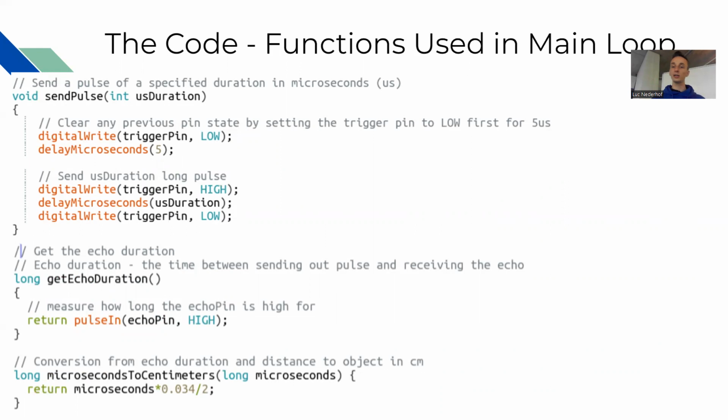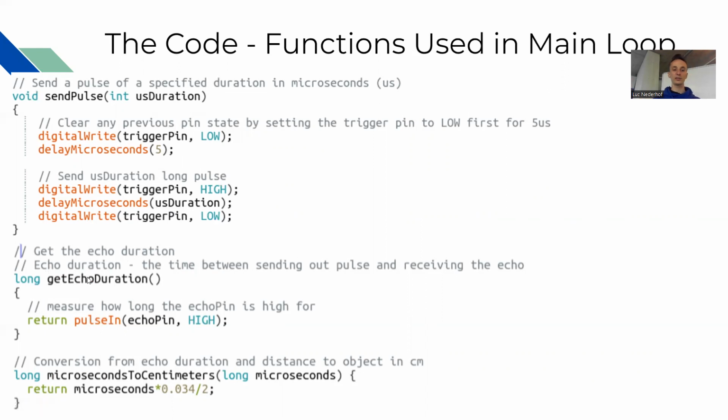So we clear any of the previous states, and then we send a microsecond duration long pulse. So we set it to high, and then this US duration variable is the specified duration in microseconds. We've been doing 10 because that's what the sensor expects. And then our digital write pin back to low. So we want to turn it on for 10 microseconds manually, and we've done that in a function.